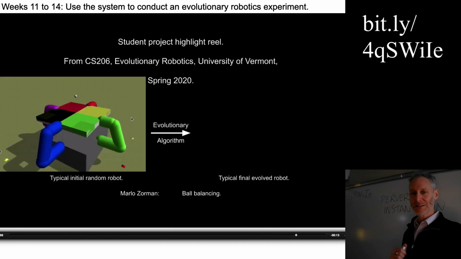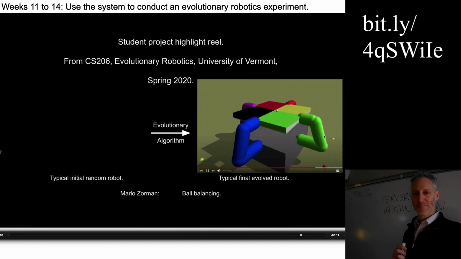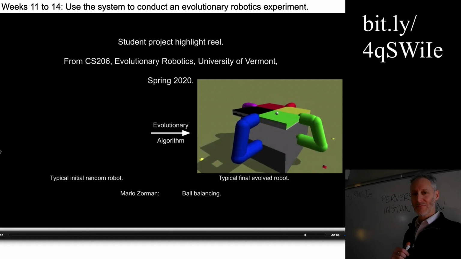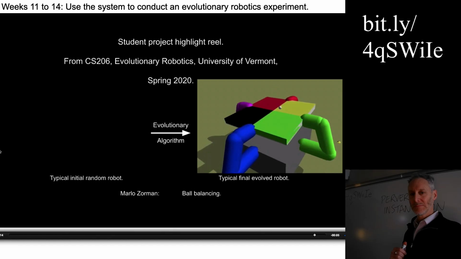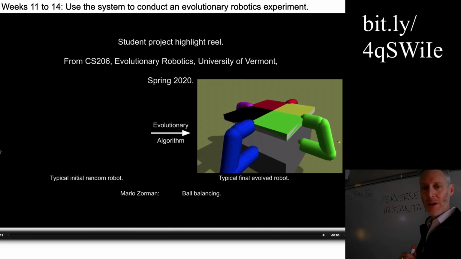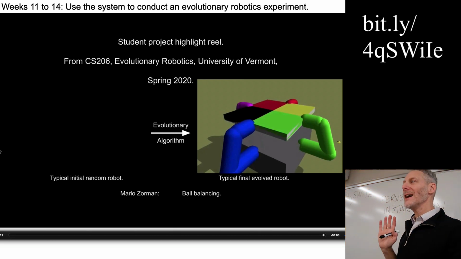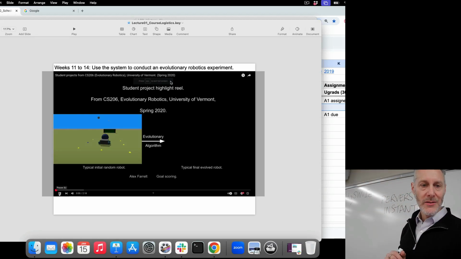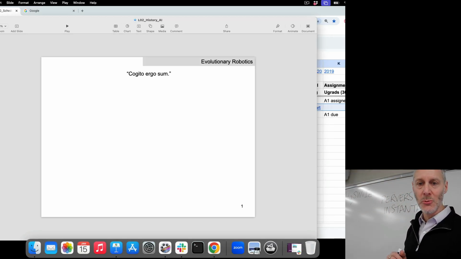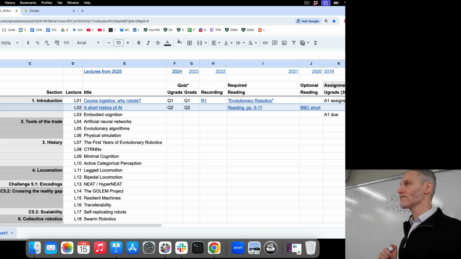A little bit better. Hand-eye coordination, kind of. Okay, just to give you a sense of the kinds of things that are possible at the end of the semester. Okay, that's the end of lecture 1. Any questions about that? All good?